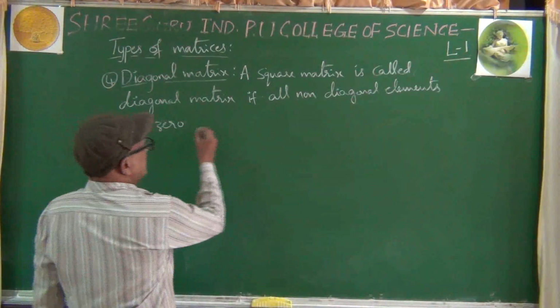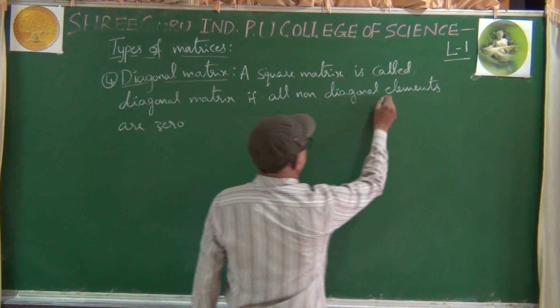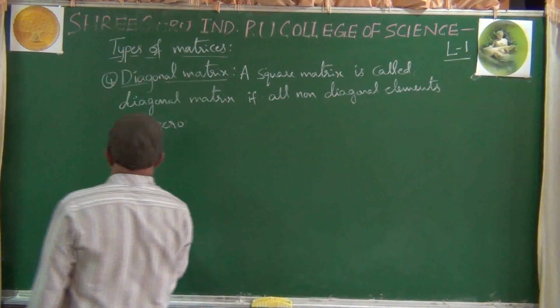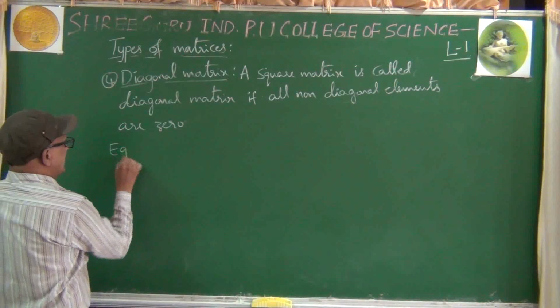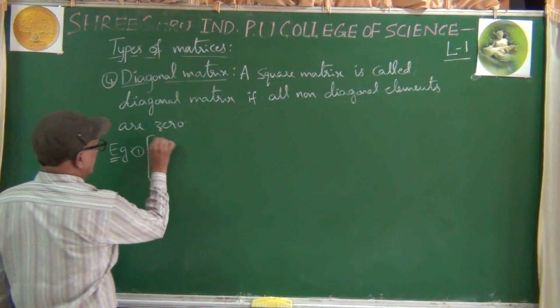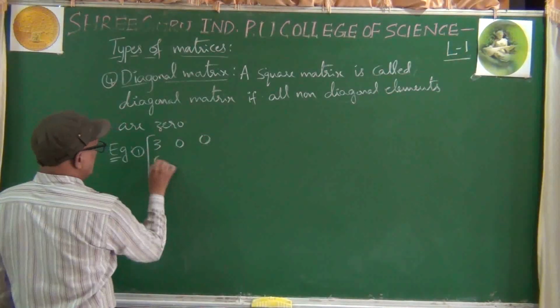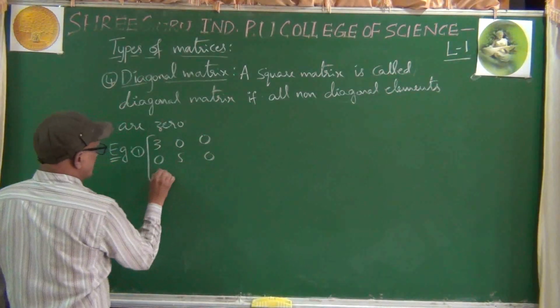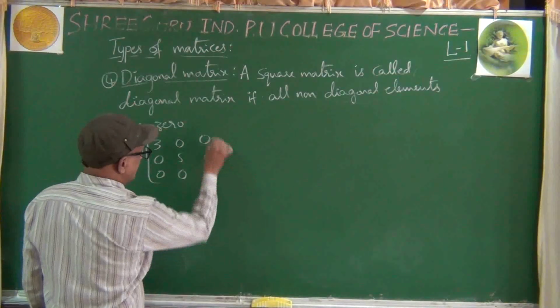What about this word diagonal elements? Where will it be in the matrix? Let us see one example, you can understand easily. Example 1: 3 0 0, 0 5 0, 0 0 minus 1.